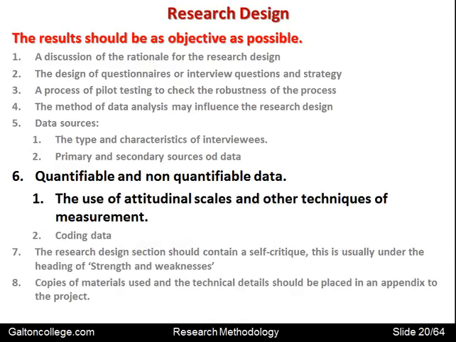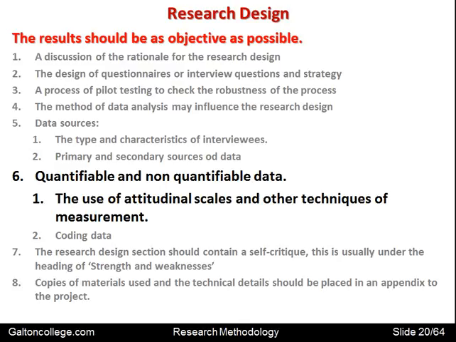The use of attitudinal scales, as I mentioned earlier, the Likert scale, for example, and other techniques of measurement, these are fine. They're used widely in the social sciences and in business. But you have to remember that it's not a precise science. Giving someone a scale and saying 0 is strongly disagree and 5 is strongly agree, or whatever the scale is, that does not mean that people's opinions are going to be quantifiable in their minds when they say, oh, it's a 2 or it's a 3.